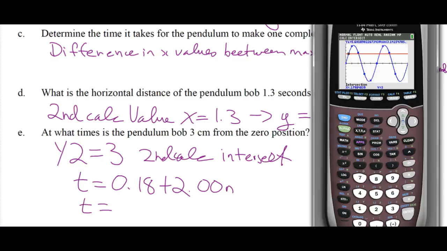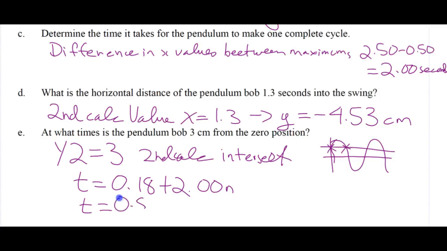And t is also equal to, second calc, intersect. And again, I want to move along the red line. It's closer. 1, 2, 3. 0.82 plus 2.00 n, where n belongs to the integers, right?